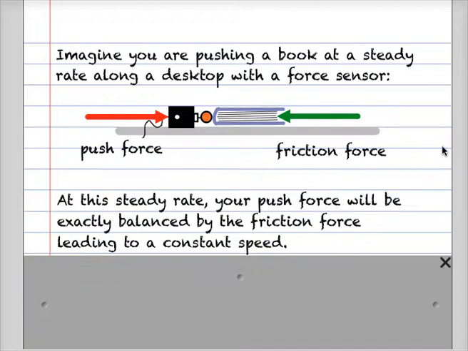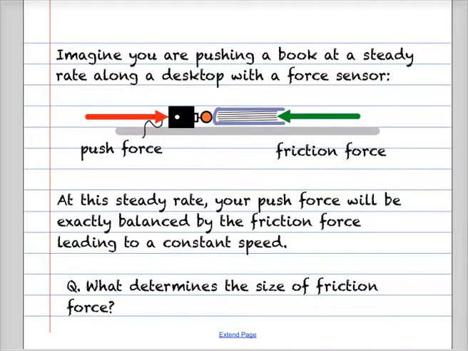Now let's take a look at that book again and put it on a flat surface this time. If we take a force sensor and we push the book so that it slides at a steady rate, we're going to be recording push force. But this force is actually also equal to the friction force in the opposite direction, because if we push at a steady rate and the book slides at a constant speed, then the push force and the friction force will be balanced.